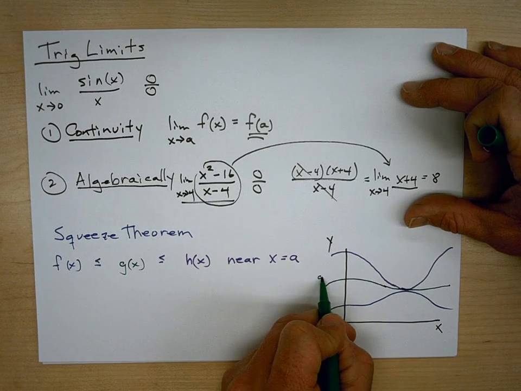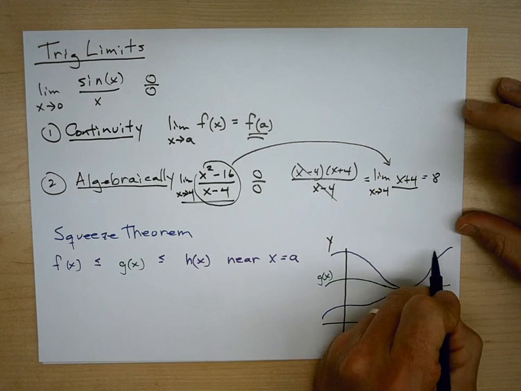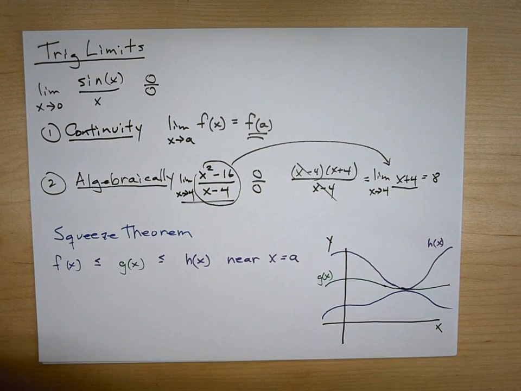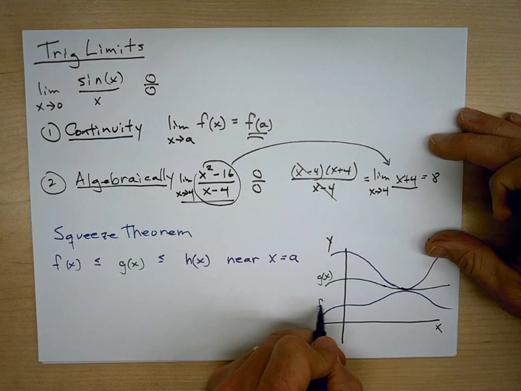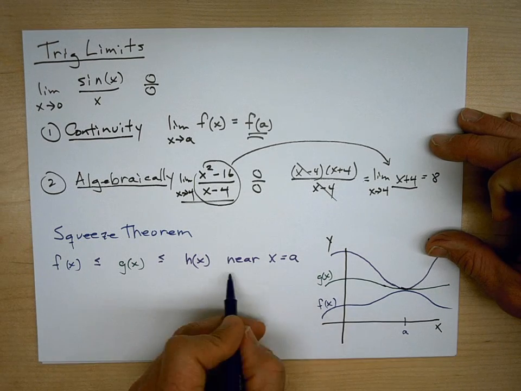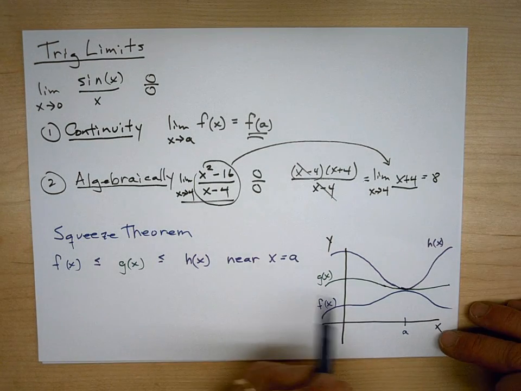So here's g of x, and this is h of x, and our blue curve is f of x. And we will say that this right here is a. So in this case, I've drawn the whole thing so that they have this relationship.